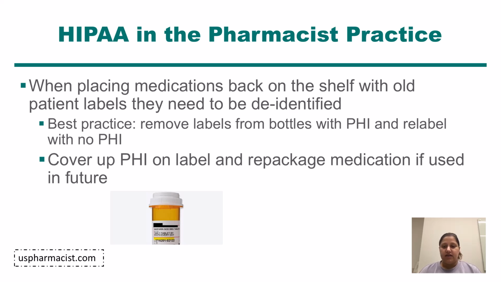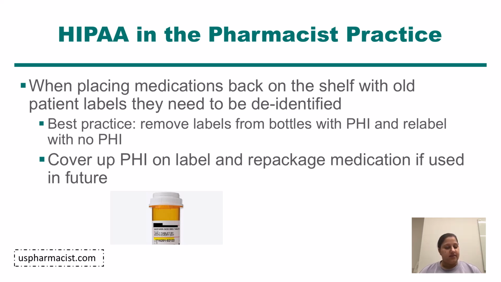In some situations you may have to return medications ready to be sold to the patient back to your stock shelves, or the patient goes home from the hospital and they no longer need those medications. Some medications get destroyed, but some you can put back. In the situations where you have to put the medication back, you should also work to de-identify the patient information on the label.